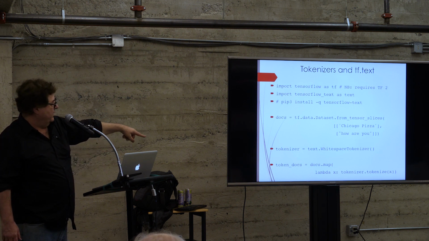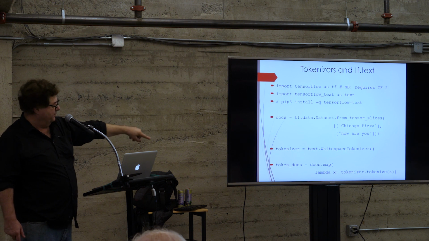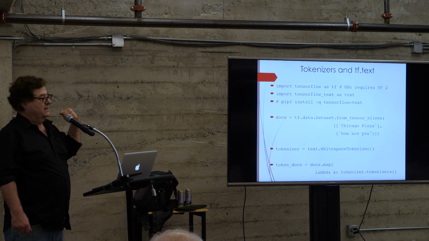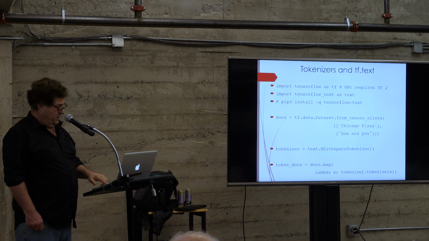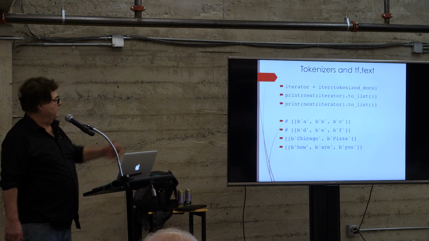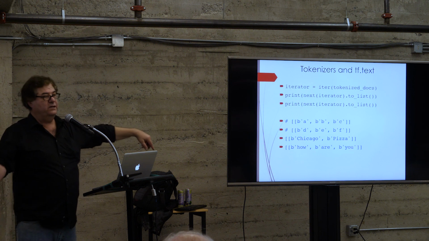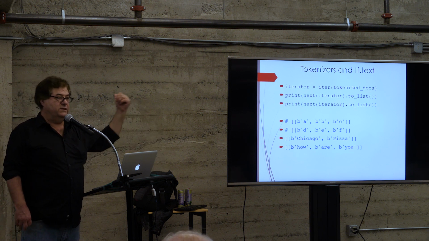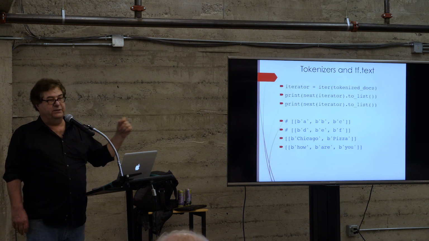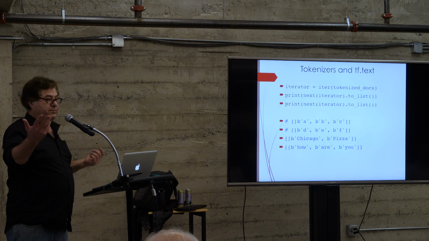And so now what we have here is our tokenizer, and then our documents, we do a map on the document data set. And there it is. So we can print the result as a list in Python, which displays character strings preceded by the character B. That's just a Python 3 thing.